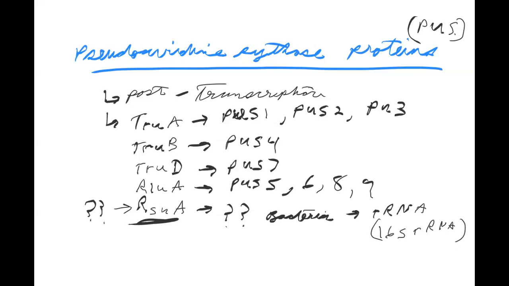The TRUA has PUS1, 2, and 3. The TRUB has PUS4. TRUD has PUS7, and in the RLUA family, it's PUS5, 6, 8, 9. Okay.